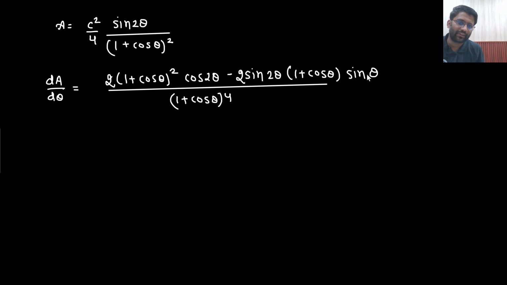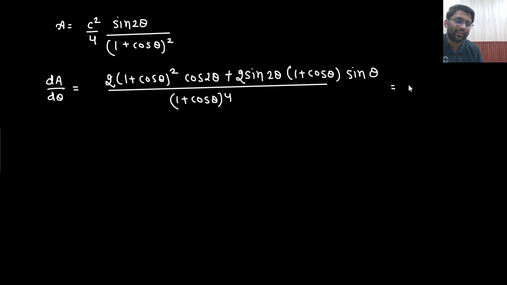Cos theta will have a differentiation of minus sin theta, so this will become a positive sign. Are you able to understand this point? Let's check back the calculation. This comes as it is. Sin 2 theta will become cos 2 theta into 2, then minus sin 2 theta as it is, then 2 into 1 plus cos theta into sin theta. Yeah, this is the calculation we will be getting.